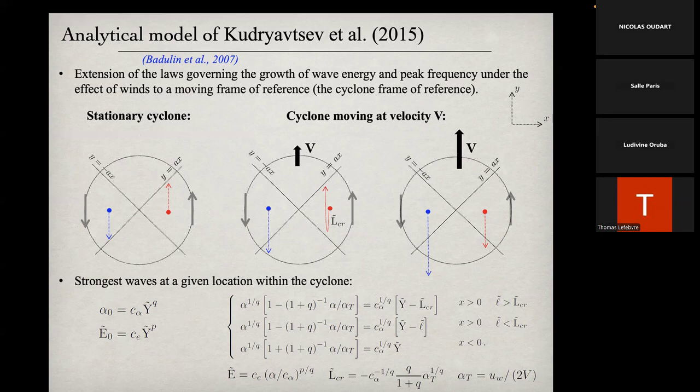Then, when the velocity of the wave reaches the velocity of the cyclone, it will make a U-turn and move forward in the frame of the cyclone. Whereas a wave which is generated on the left will just exit the cyclone at the rear more rapidly than in the stationary case.